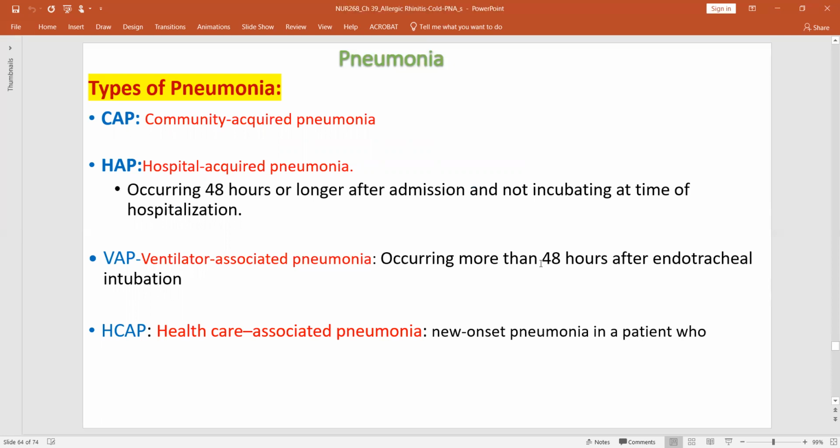So if this disease took place in the community prior to being admitted, or during the first 2 days of hospitalization, that is called community-acquired pneumonia. It has the highest incidence in midwinter. Also, smoking is an important risk factor for this type.